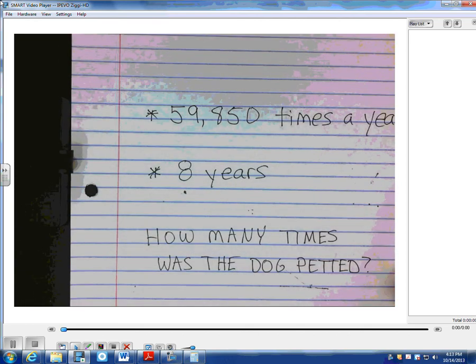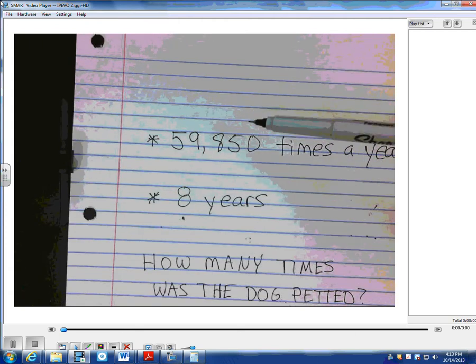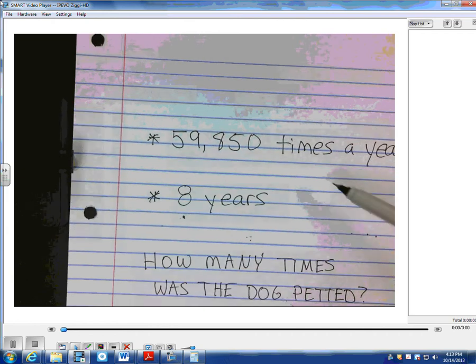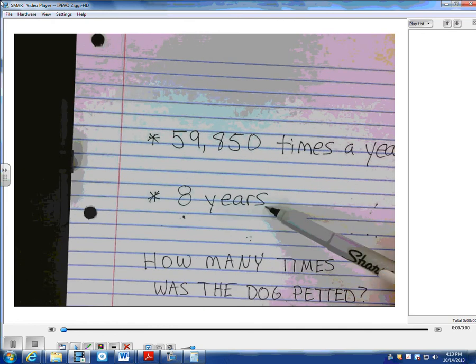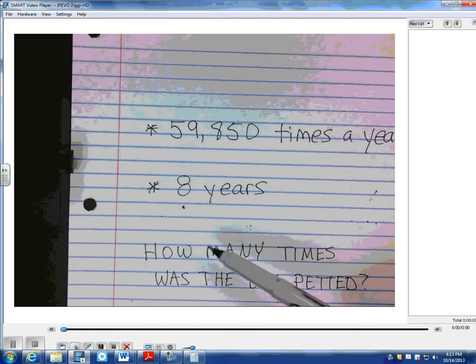So, let's look at this one. We know that it was petted 59,850 times a year, and it was petted for 8 years. So what we need to determine is how many times the dog was petted.